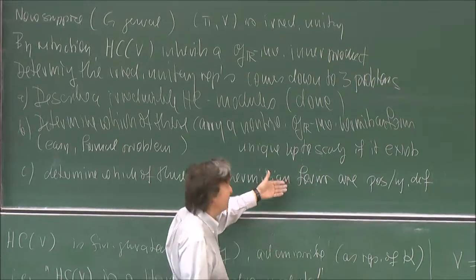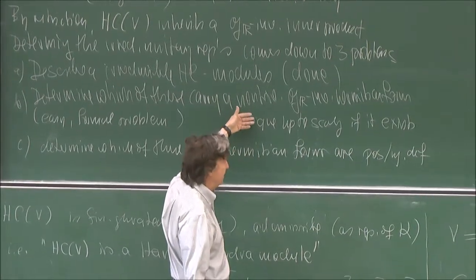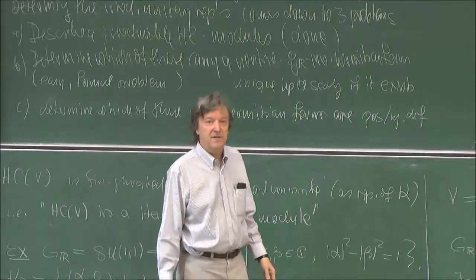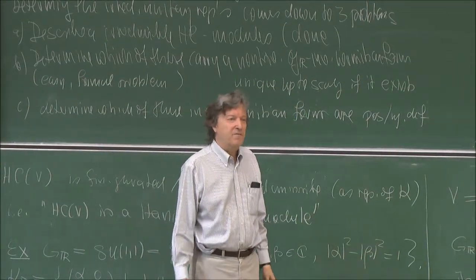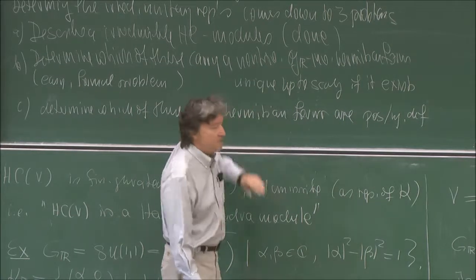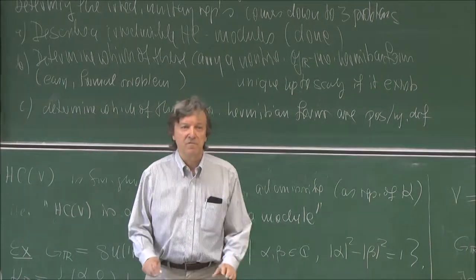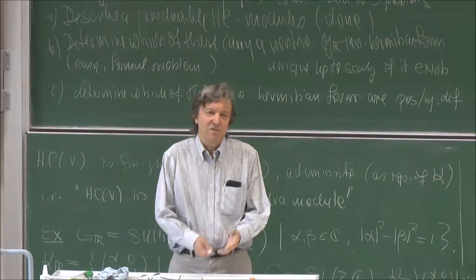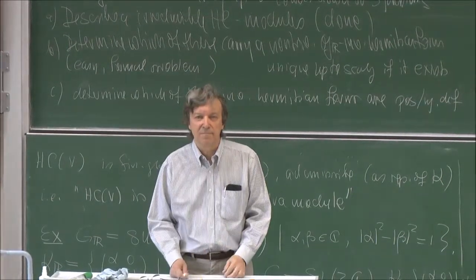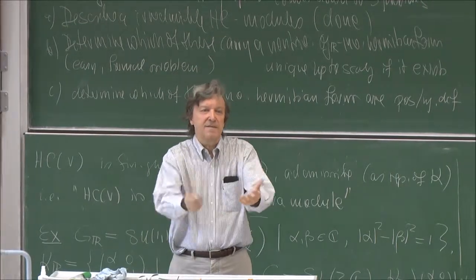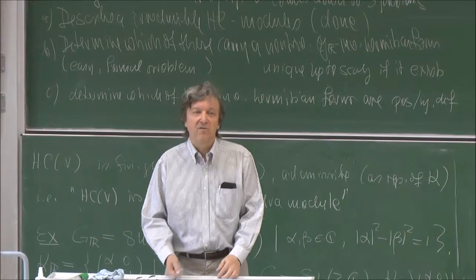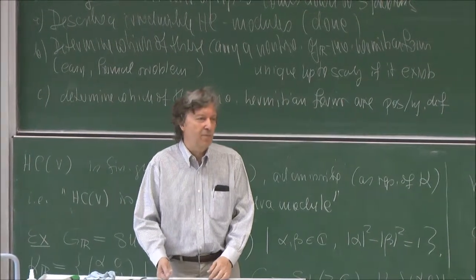Having this G_R invariant Hermitian form, when it exists, you see it for some formal reasons. You don't see it as an explicit Hermitian form, and since you don't see it explicitly, it's not obvious whether it's positive definite or not. So that is really the remaining problem.